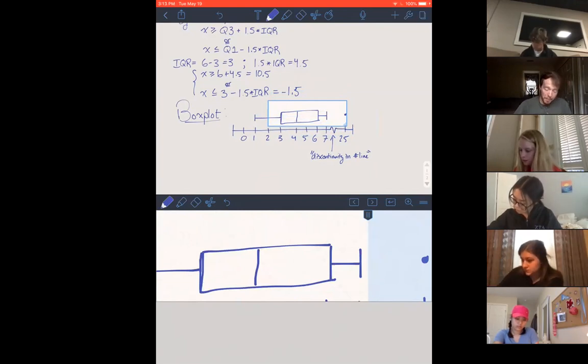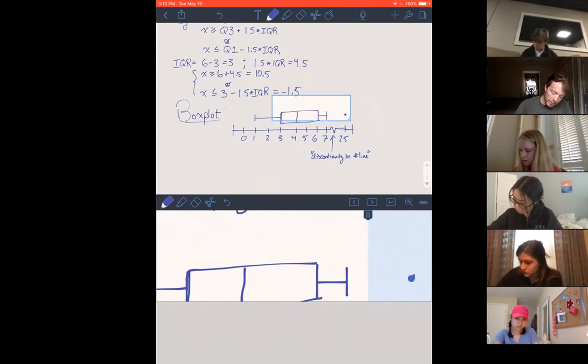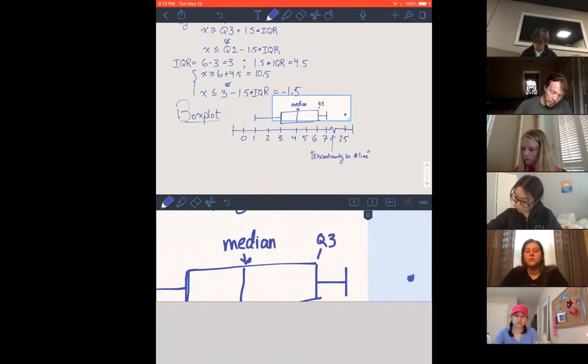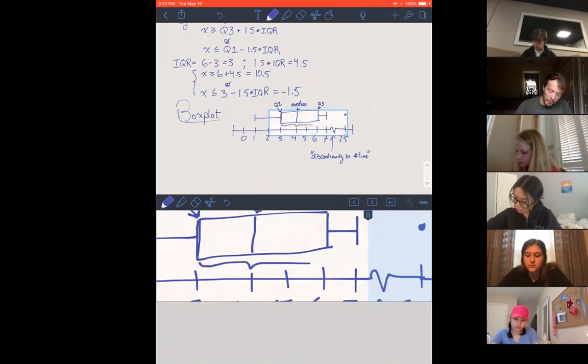Just like the histogram, it allows us to quickly visualize where the median is, right here, the center line of the box plot, and where the third and first quartiles are. It gives us an idea of what the length of the IQR is.